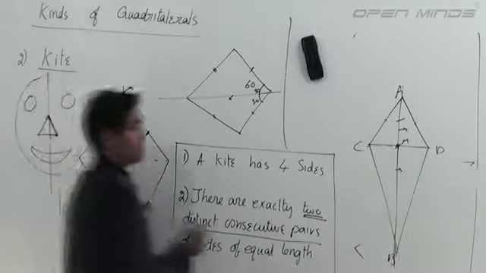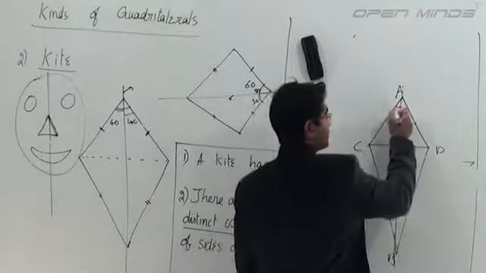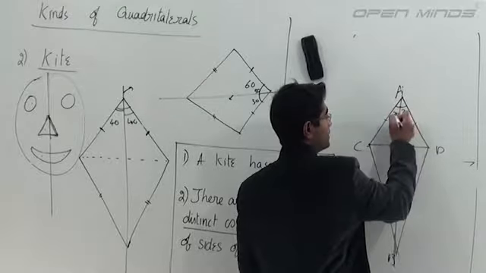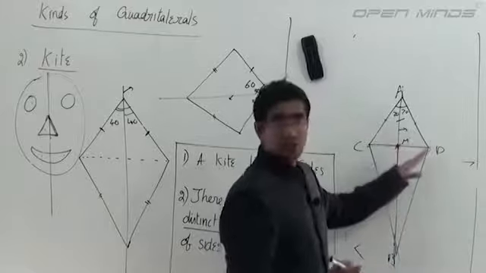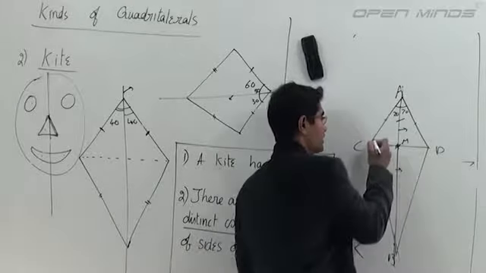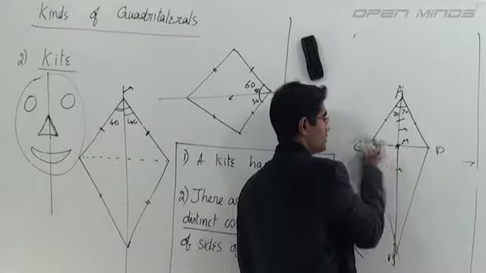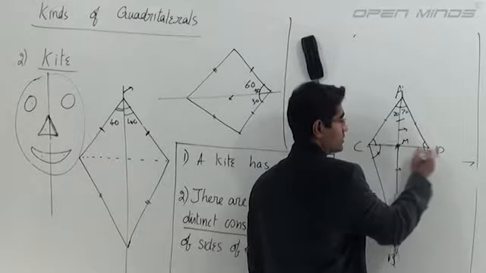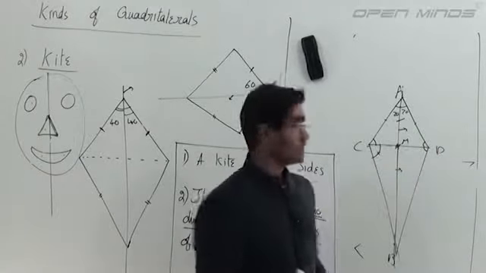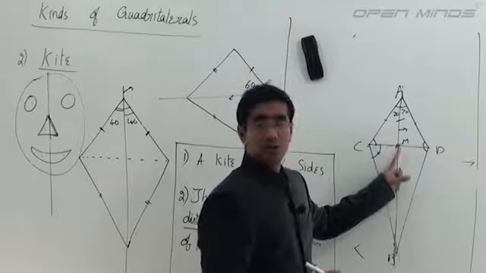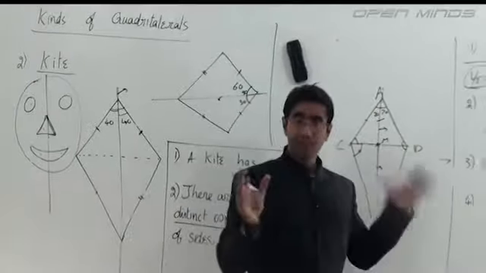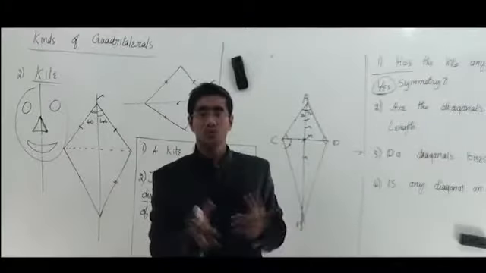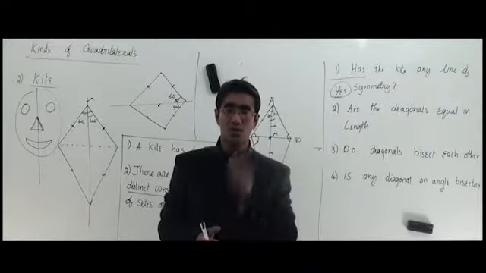And here, if this is 20, this is also 20. So this diagonal is an angle bisector, but this angle is not equal to this angle. So there is one diagonal which can also be called an angle bisector. These are the properties to be known for the quadrilateral called a kite.